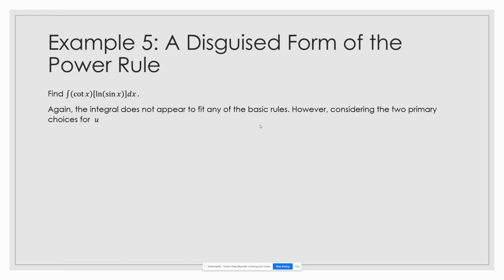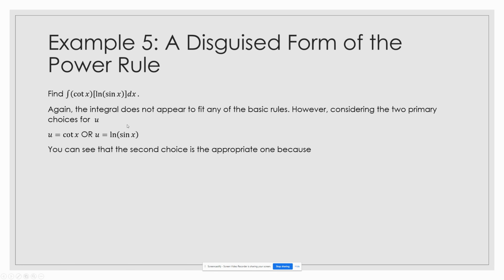But we have two primary choices for u. We can either say u is cotangent of x, or we can say u is ln of sine of x. Well, of the two, the second choice is the appropriate one.